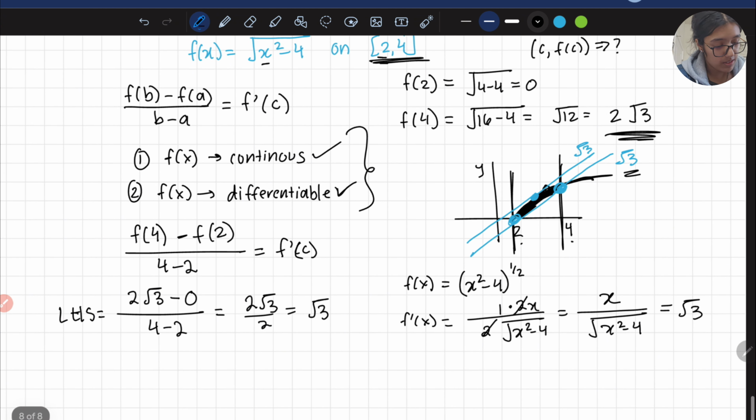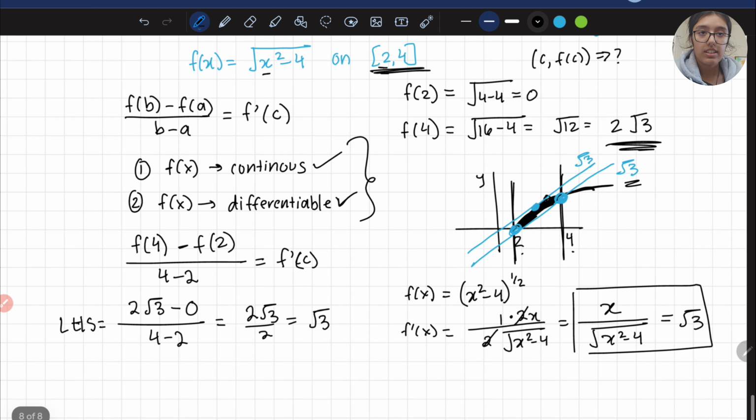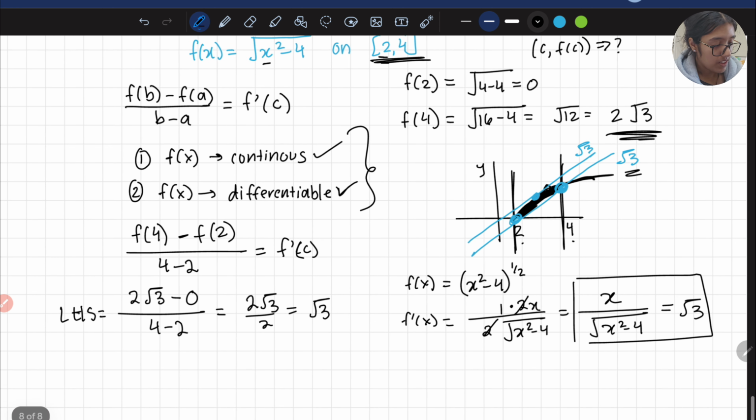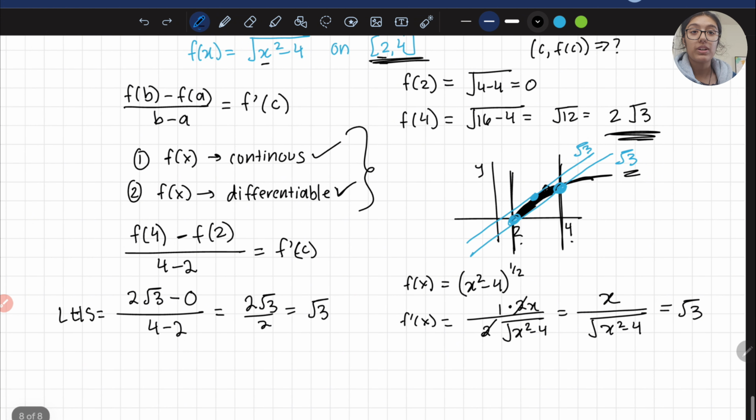Now I'm going to scroll a little bit down. So let us solve this part right over here. Let's try to find c, or in this case, x. Actually, let me just replace x with c to make it a bit simpler, because we don't know what c is.